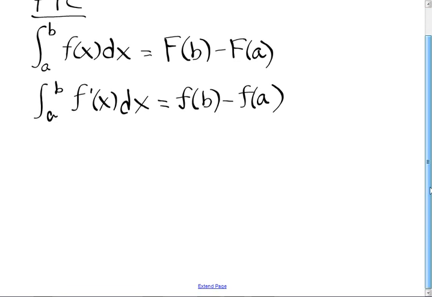Well, how do they use this theorem? They might say we have a point that goes through 0, 5, and we want to find out what happens at 10. So they're going to give you a function, and they're going to say find the value of that function at t equals 10 or x equals 10, and they give you a point, an initial condition.